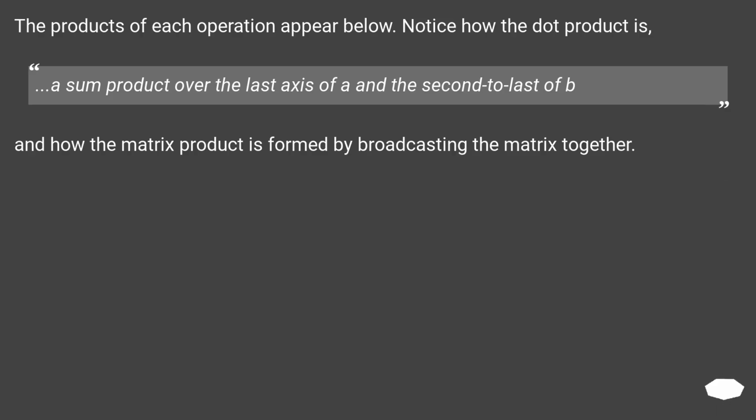The products of each operation appear below. Notice how the dot product is a sum product over the last axis of A and the second to last of B, and how the matmul product is formed by broadcasting the matrix together.